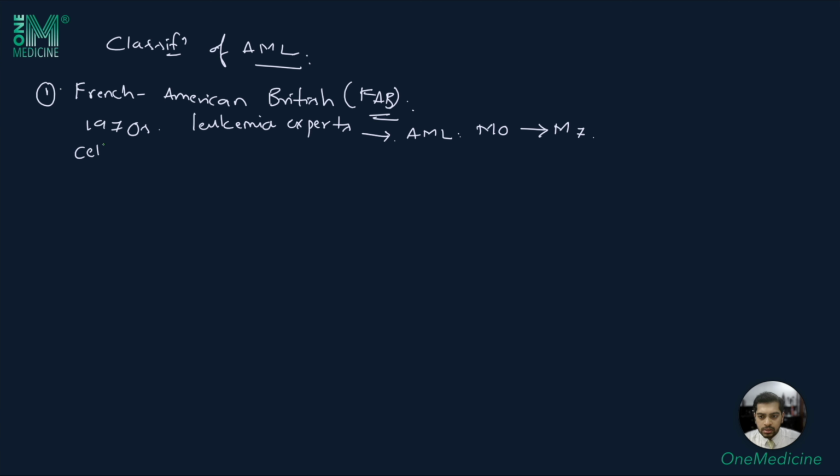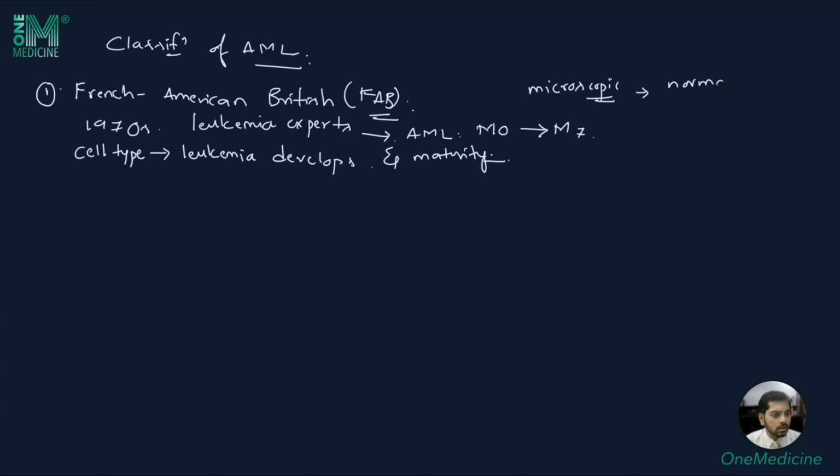These were based on the cell type from which the leukemia develops and how mature the cells are. This was based on the microscopic appearance as seen with normal staining.